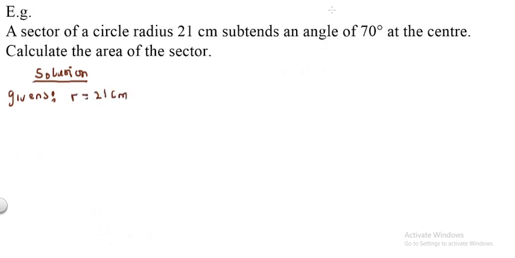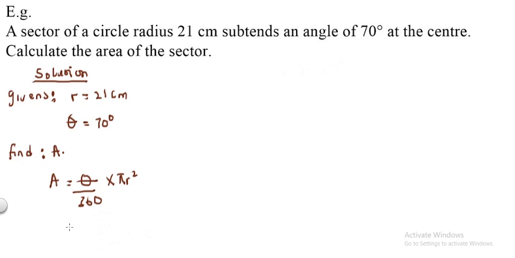We are given our theta as 70 degrees. And then we are told to find the area of the sector. The formula that we know to use for the area of a sector is A is equal to theta over 360 times pi r squared.